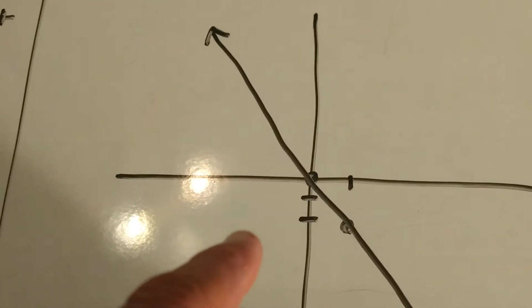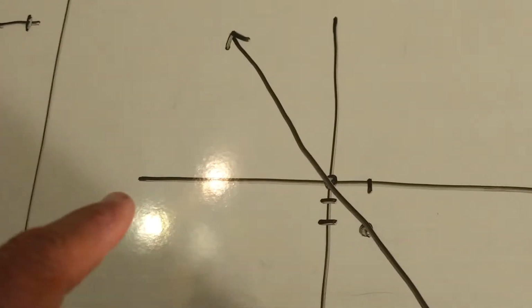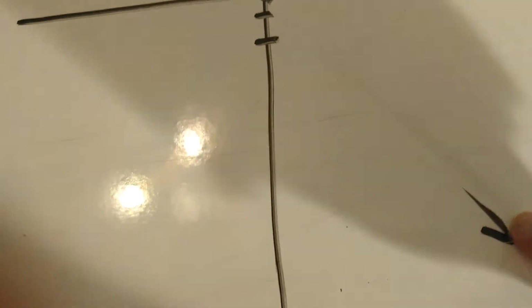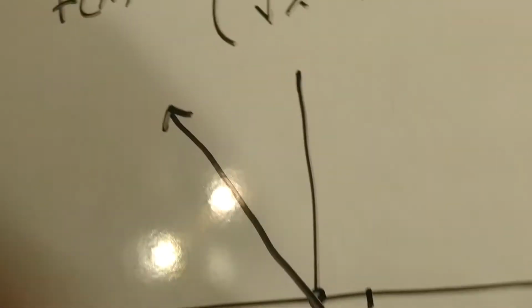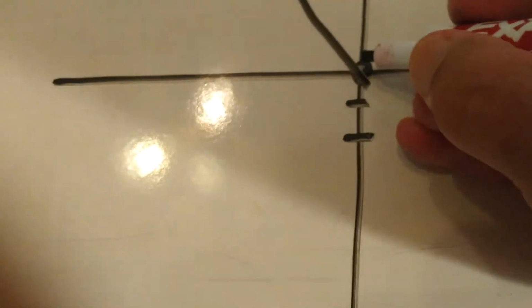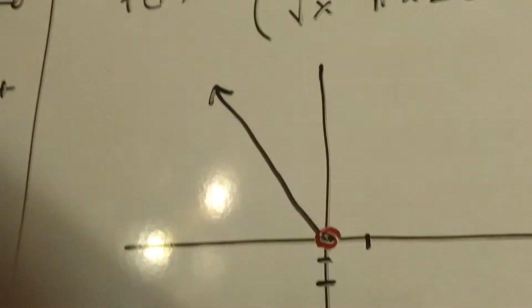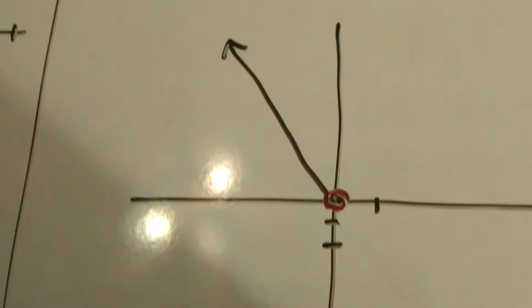So the x's that are less than 0 are on this side, which means I've got to take all of this part of the line out completely. And because it's just less than 0, I've got to make this an open point because I'm not using it there.